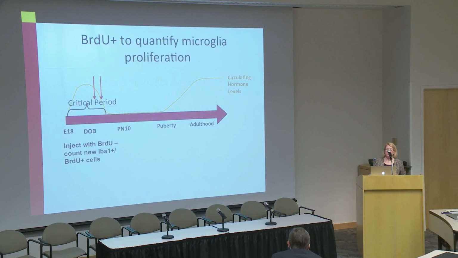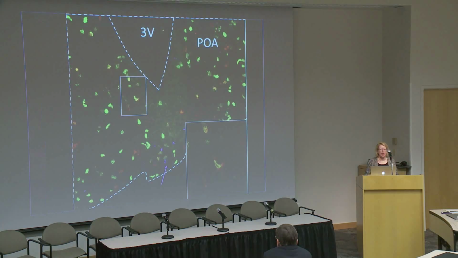So instead, what we did was focus on the proliferation question, and we used BrdU, bromodeoxyuridine, the thymidine analog, injected around birth and the day later, and then just double stained with IBA1 to see if they were proliferating, and they are proliferating a lot. So what you're seeing is the green is the BrdU, and the red here is the IBA1.